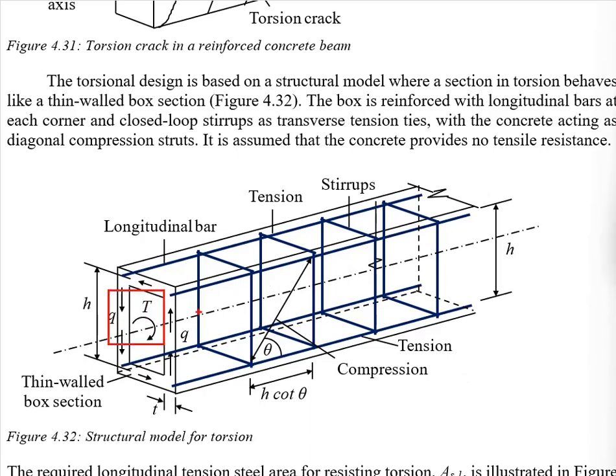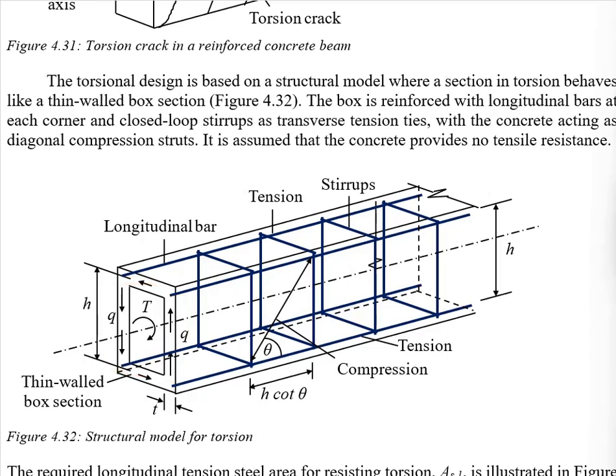The torsional force here will lead to shear flow acting within the thin wall box. We use simply q to represent the shear flow. And this shear flow acts in the perimeter of this thin wall box.